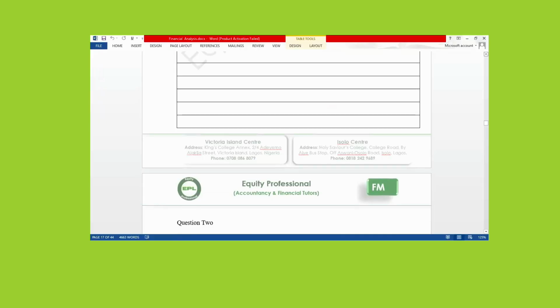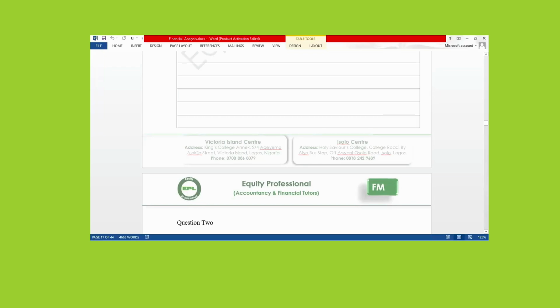It was the last question from the May diet, question 7, on cost of debt, convertible debt, stock split, something like that.